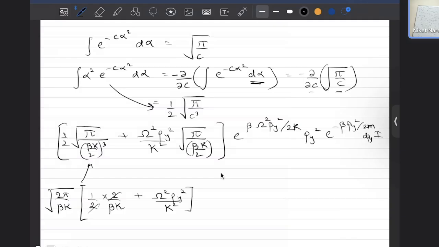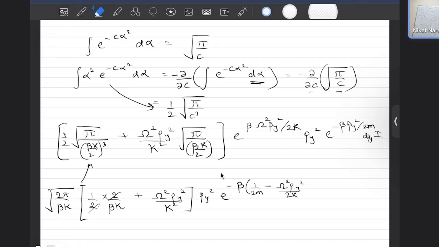Okay, and here we have py square e to the power of minus beta into 1 by 2m minus omega square py square by 2 kappa.